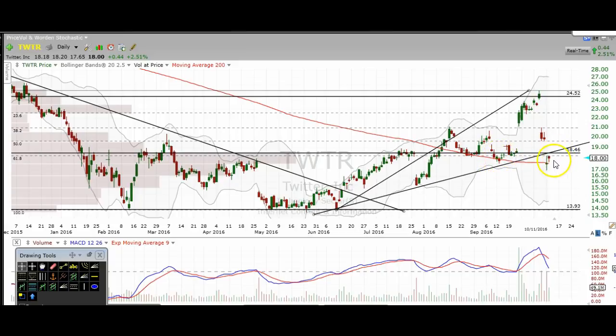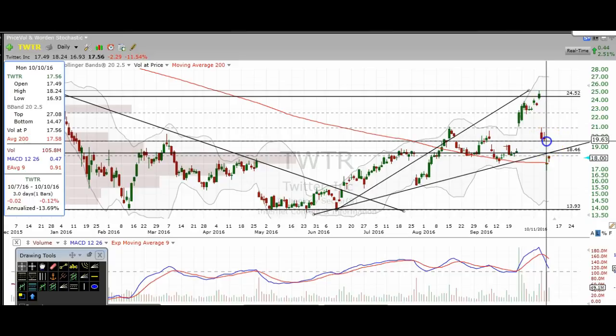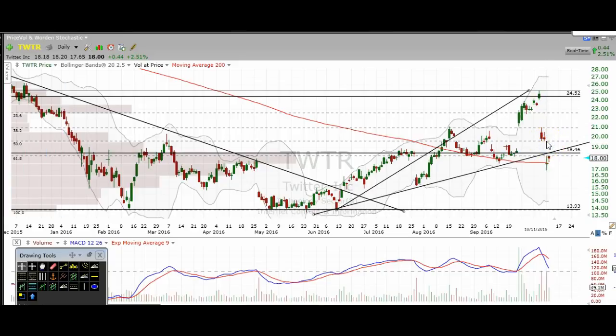So definitely an area you want to see hold for Twitter, and I think it's very likely that it holds and that it fills this gap up here at about 19.60.